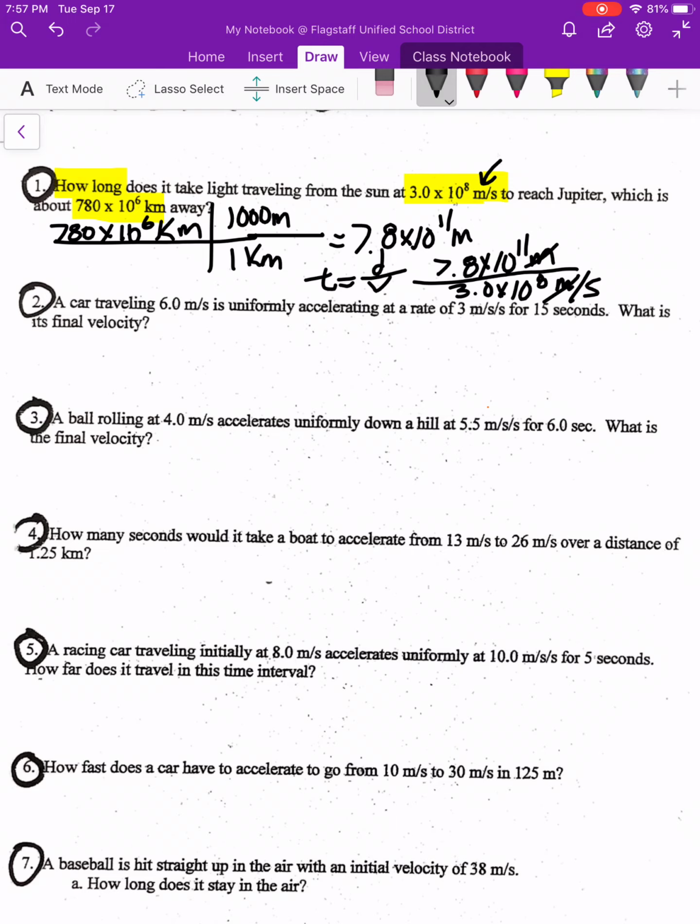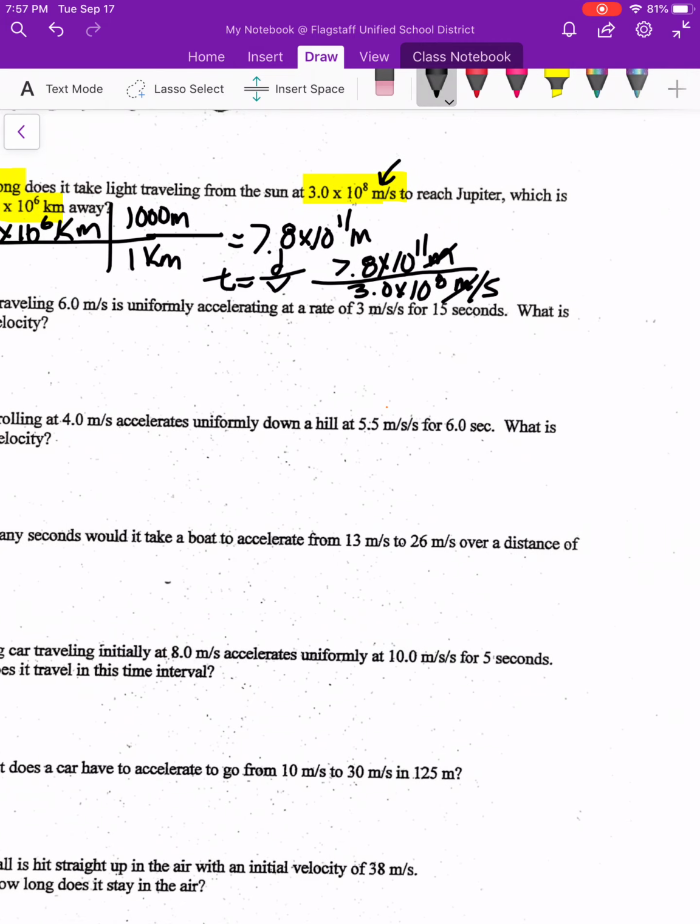Meters cancel out. I'm left with seconds. That's what I was looking for. Using our calculators, solving this, we get about 2,600 seconds.